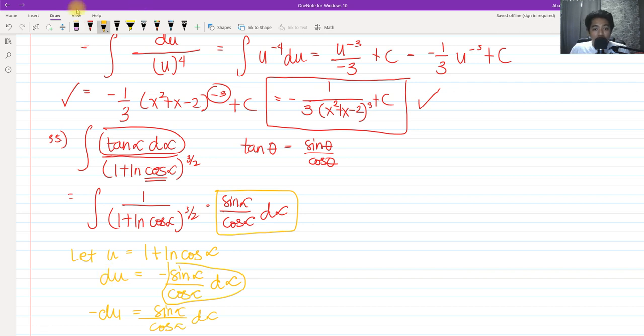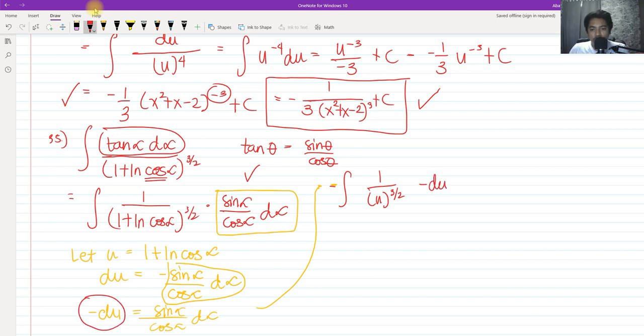I can now perform the u substitution. That would be the integral of 1 plus u raised to 3 halves, of course, and then sine alpha over cosine alpha d alpha is simply equal to negative du.